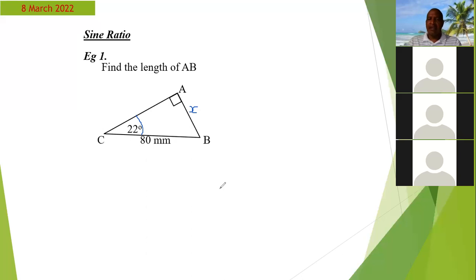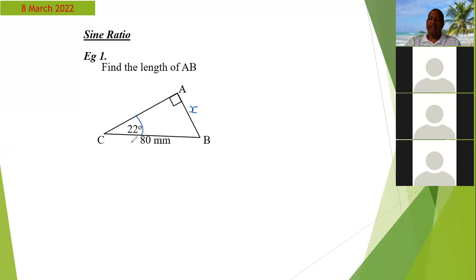Angle C, sir, which would have been 22 degrees. And then look at the side CB. Yes, sir. And determine which side of the triangle that is. CB runs along angle C, sir. You see, you have to be careful. Would it be the hypotenuse also?